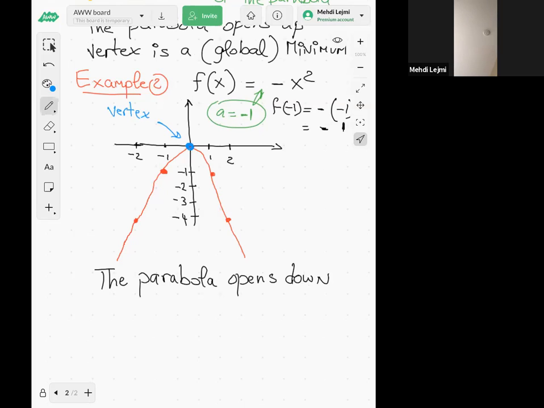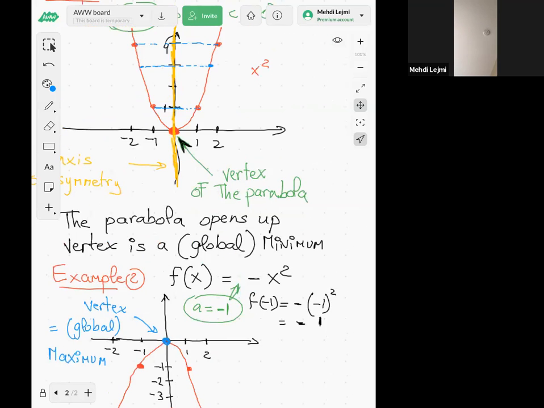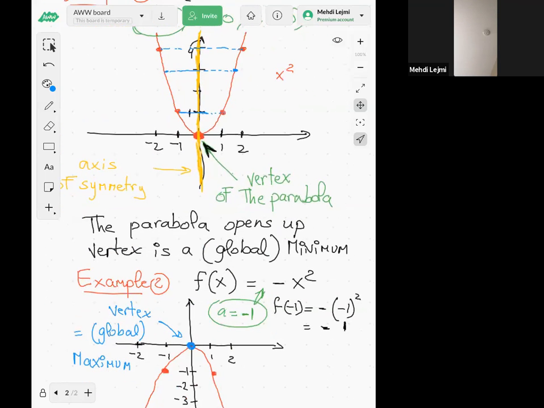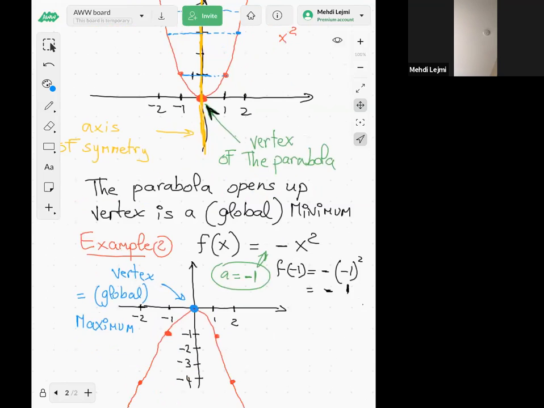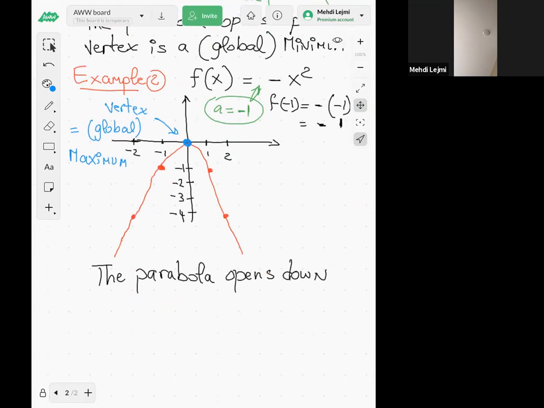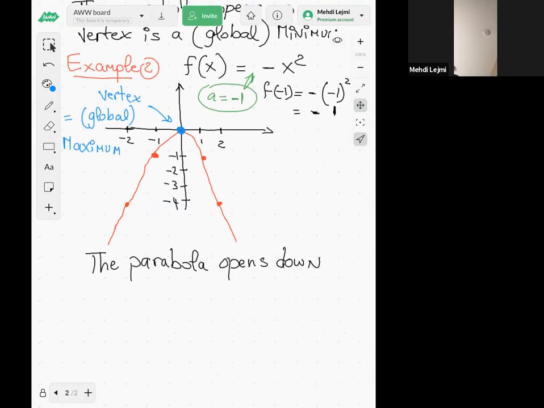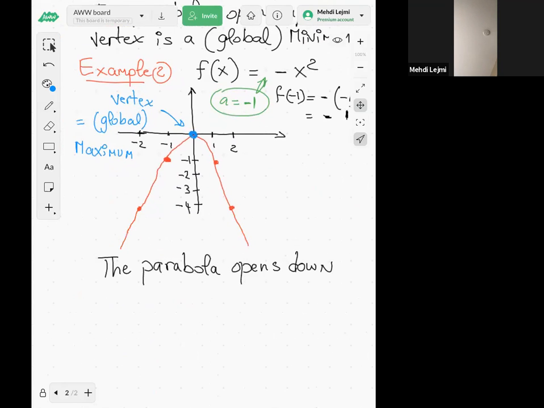So this vertex would be your global maximum, because that would be the highest point on the graph, right? When your parabola opens up, your vertex would be a minimum, the lowest point in the graph. But when your parabola opens down, your vertex would be the highest point in the graph. So it would be a global maximum, right?